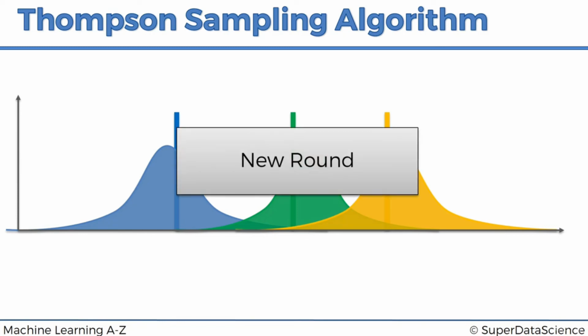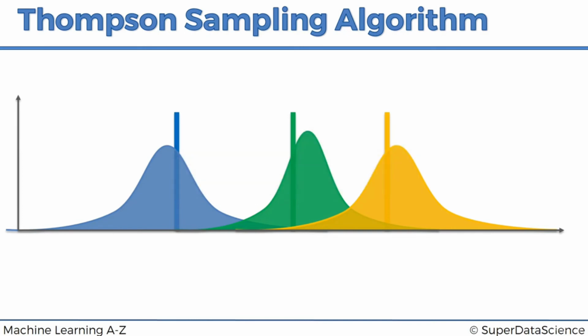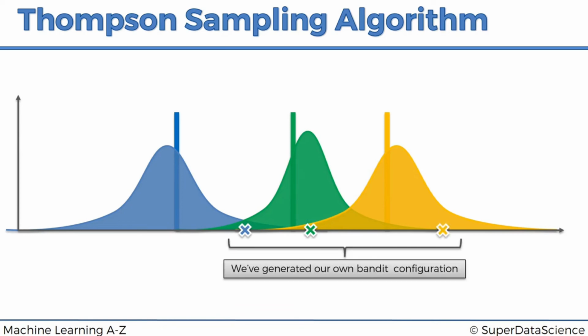Now what happens next is a new round, right? Same thing. We're going to do the same thing again for a new round. Again, we generate, or we pick some values out of our distributions. There they are. Now we've generated our own bandit configuration in our virtual reality, or in our hypothetical world.